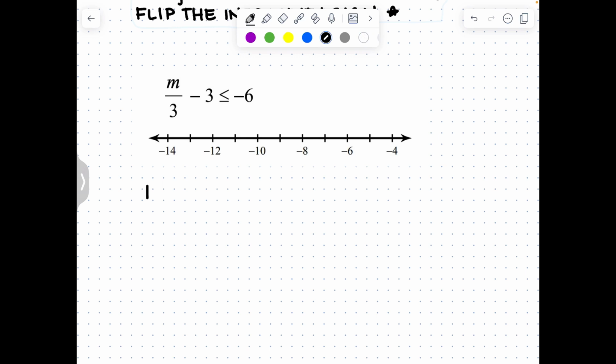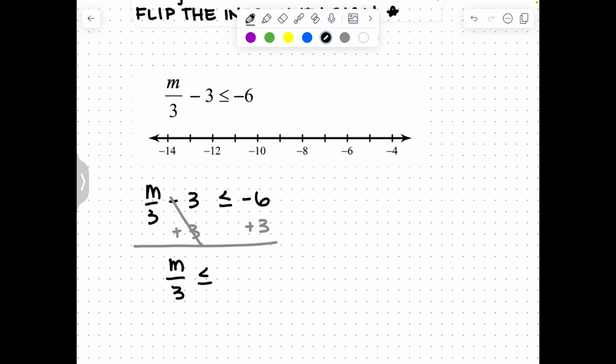So we have m over 3 minus 3 less than or equal to negative 6. Now, there are 2 different steps you could take first. You could handle the minus 3, or you could handle the divide by 3. I think most people would probably do the add 3 first, so that's what I'm going to do. Plus 3 gives us m over 3 being less than or equal to negative 6 plus 3, which is negative 3.